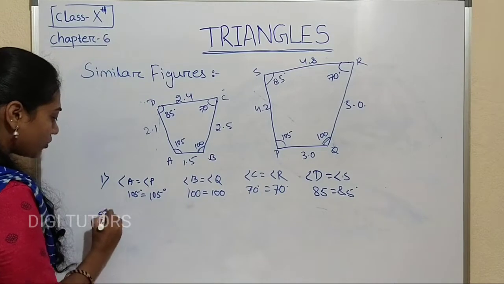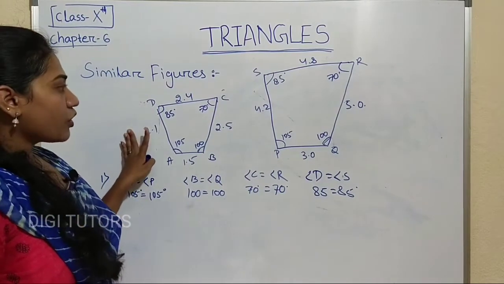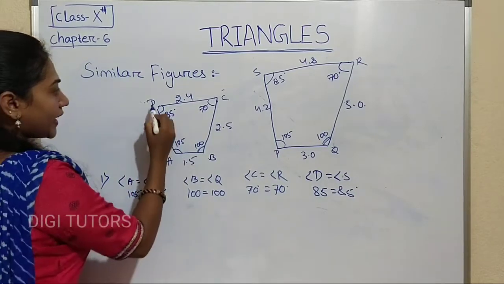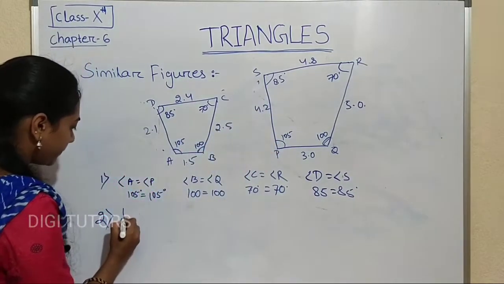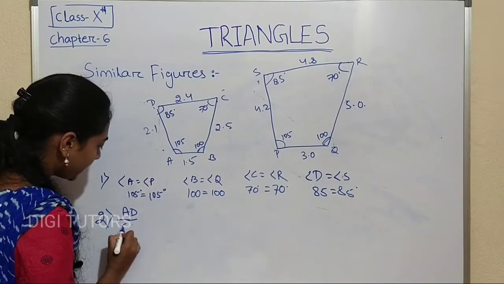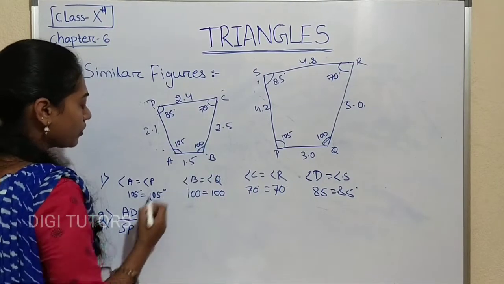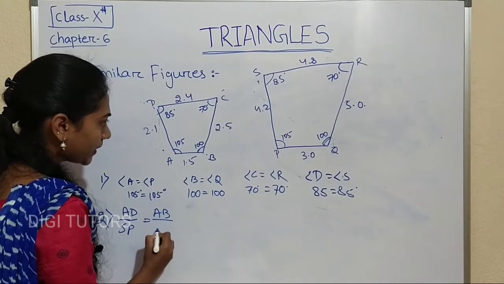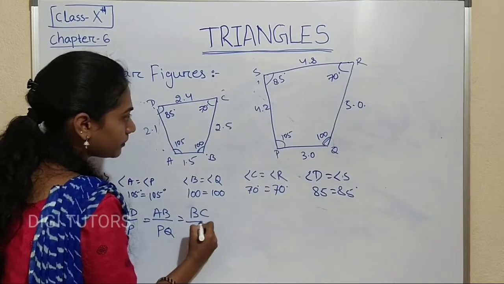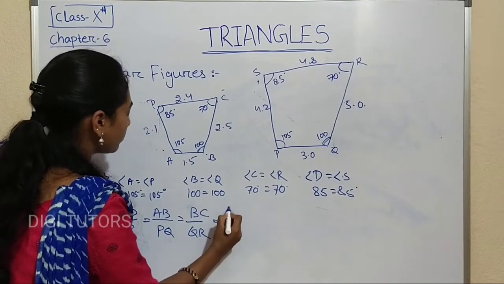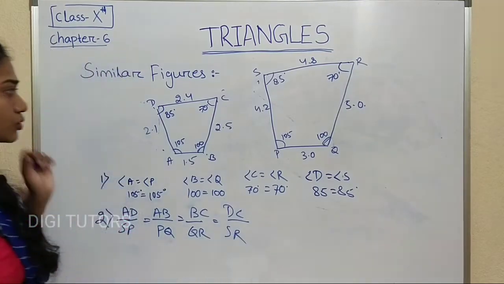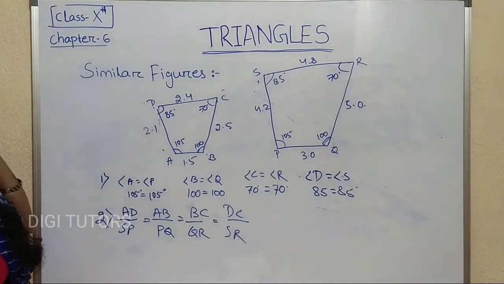Let's check the second rule. What is the second rule? The ratio of their corresponding sides is equal. So AD by SP is equal to AB by PQ is equal to BC by QR is equal to DC by SR. Check whether these are equal or not.